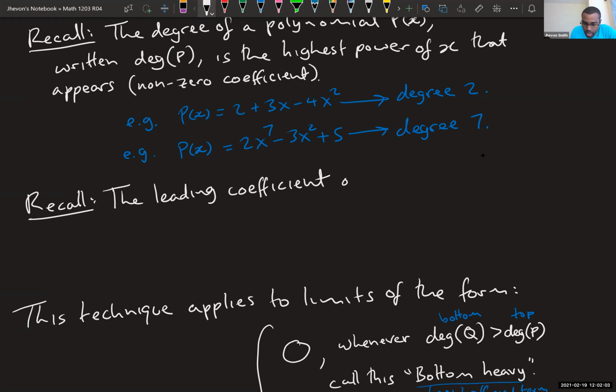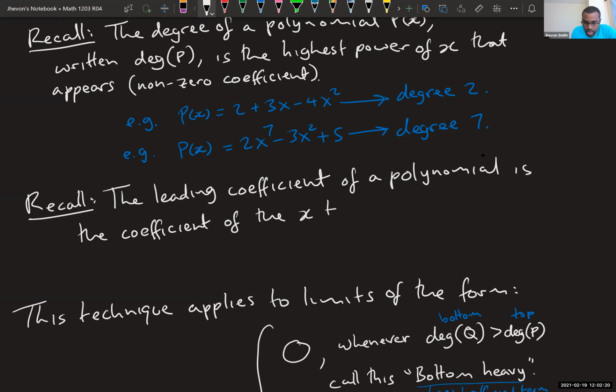So the leading coefficient of a polynomial is the coefficient of the x to the highest power. Right?